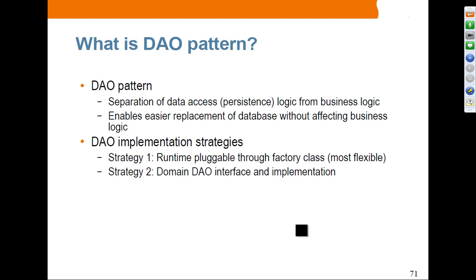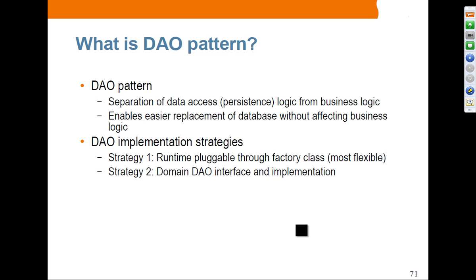These days, companies and organizations are using different database technologies, MongoDB and relational databases. And even with relational databases, you might want to insulate your application from database access APIs, whether that's Hibernate APIs or JPA APIs.